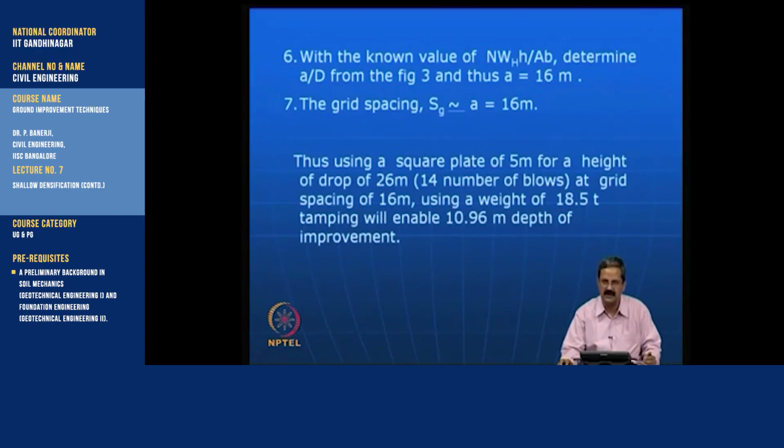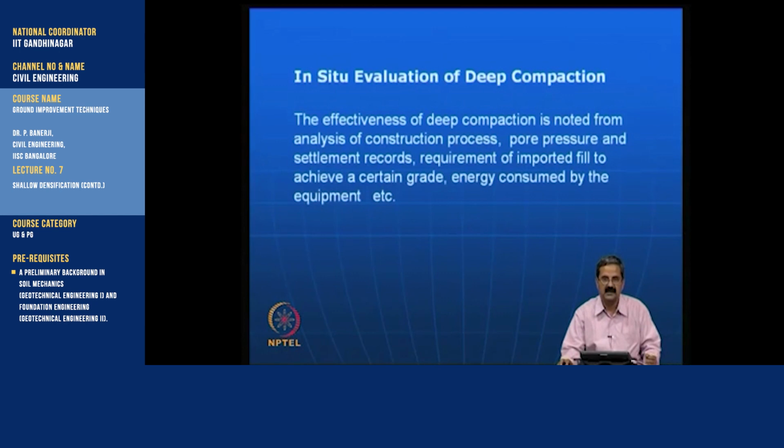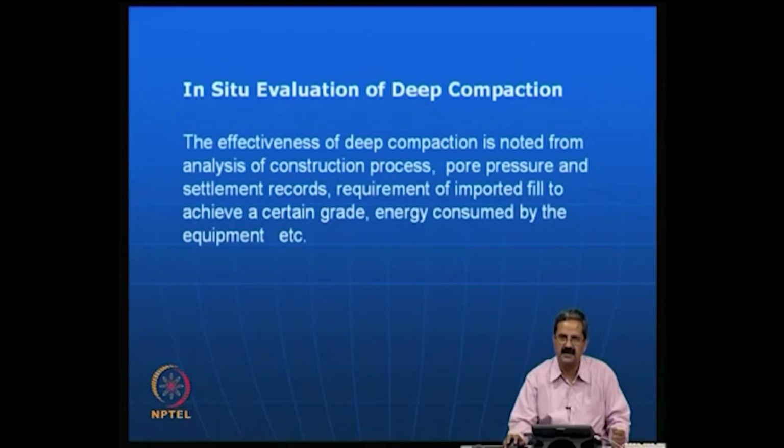So, one can check and come out with a simple design. As I just mentioned, it is a very simplistic design, and the best thing is that you have to verify to what extent this deep compaction is effective. So, we go for in situ evaluation of the deep compaction methods. The way we do it is to analyze the construction process itself, like how the process is designed. From the calculation procedures we have seen, we can do a parametric study and work out a proper construction sequence.